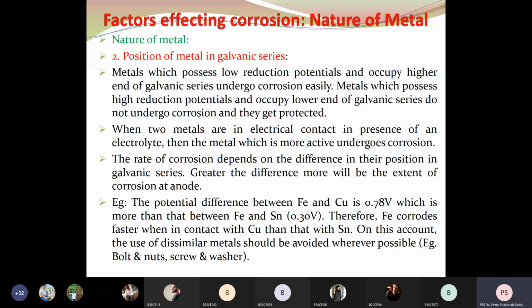When two metals are in electrical contact in the presence of an electrolyte, the metal which is more active undergoes corrosion. Of course, it's natural, as per our previous knowledge. When two metals are in electrical contact in the presence of an electrolyte, there are two electrochemical cells formed in the electrolyte, which act as ion transport.